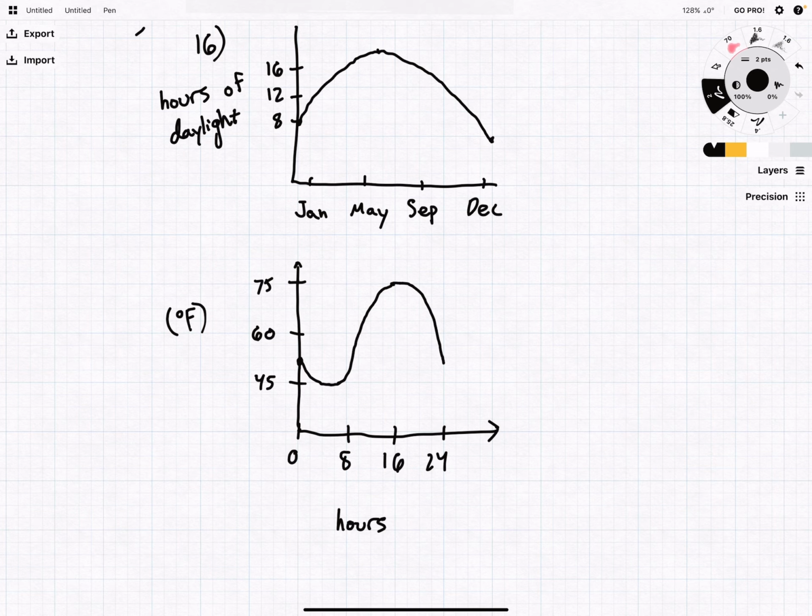And that looks about right. Yeah, so it's kind of a cyclical curve, sort of periodic even. Good, okay. And that was problem 17.